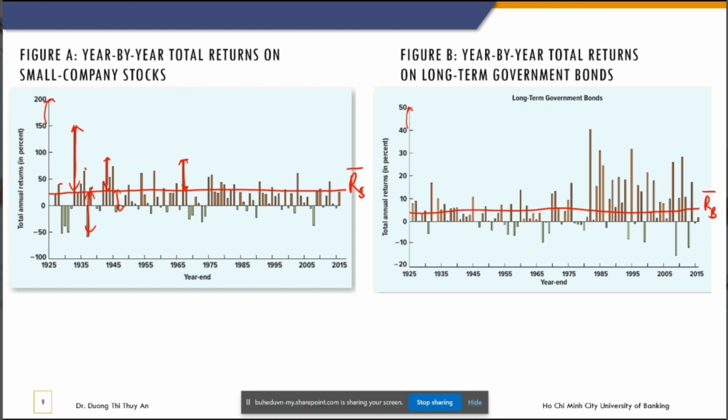Basically, this is what I measure: the return of the stock in year t, subtract the average return of that stock, and then I take the sum.